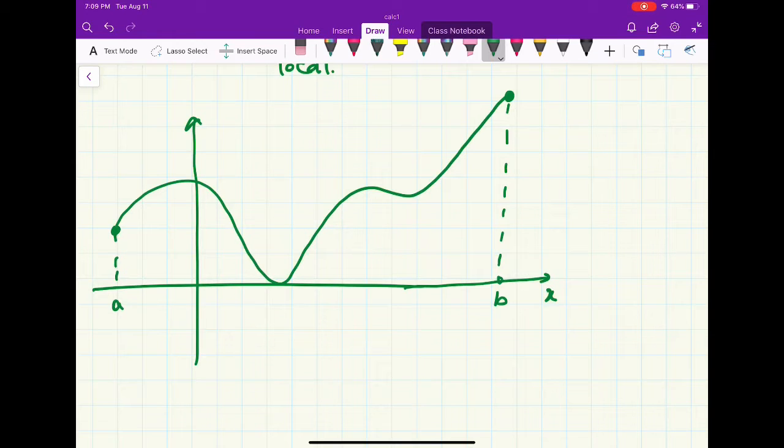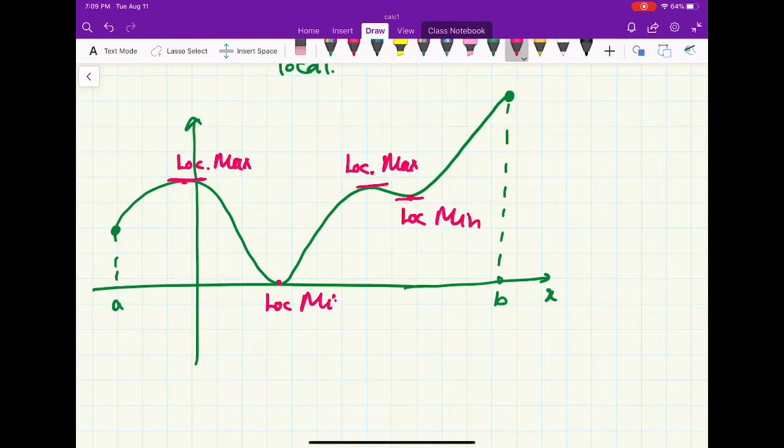You might have a local maximum at this point. You might have a local maximum at this point. You have a local minimum here. Okay, let me write local max. That is also a local max. That is a local minimum. And this is also a local minimum, right?